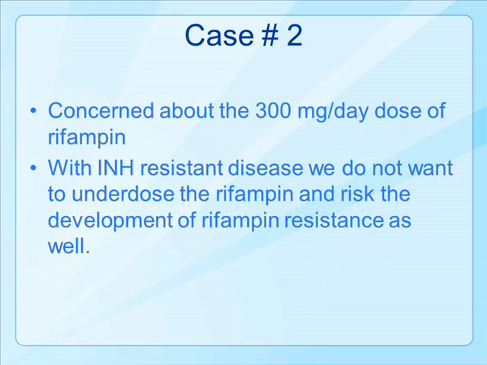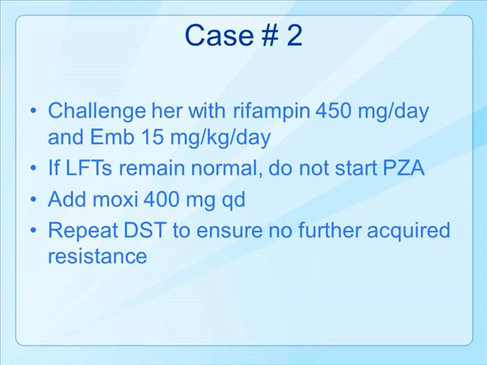So our consultant appropriately stated that they were concerned about the low dose of rifampin, 300 milligrams per day, and stated that with INH-resistant disease, we don't want to underdose the rifampin and risk the development of further resistance. So rather than just answer the question, generally our consultants through the RTMCCs try to address the whole picture for the patient, and that's why this consultant weighed in on the doses.